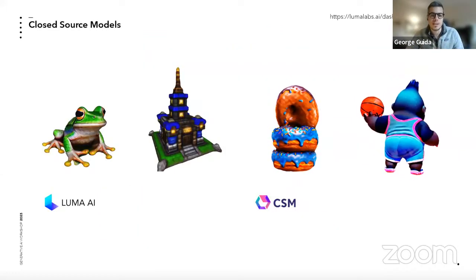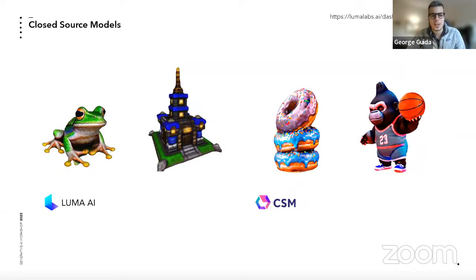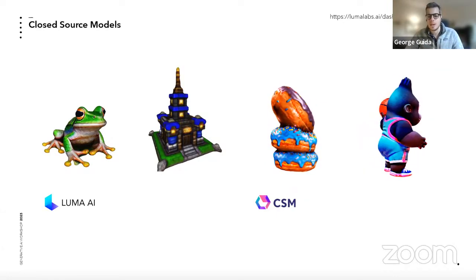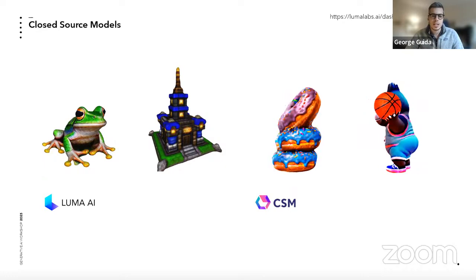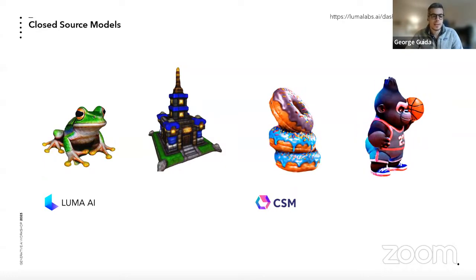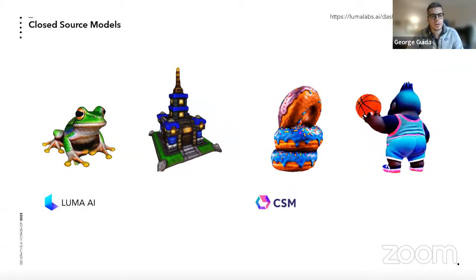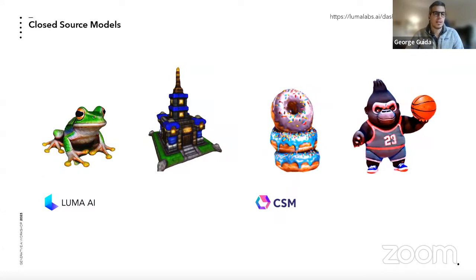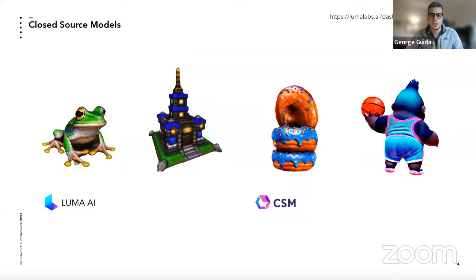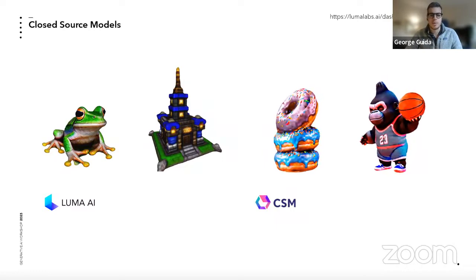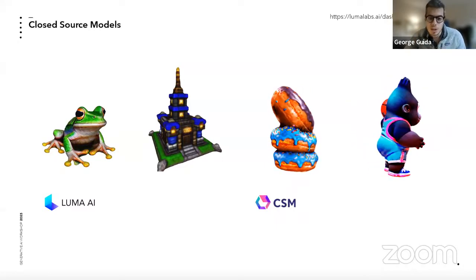From a closed source perspective, you might be asking what's currently out there. Two companies that came to mind are Common Sense Machines, so CSM, and Luma AI. They have a feature called Imagine 3D. They use current state-of-the-art tools, and I'd say they're currently one of the best image to 3D generation tools.